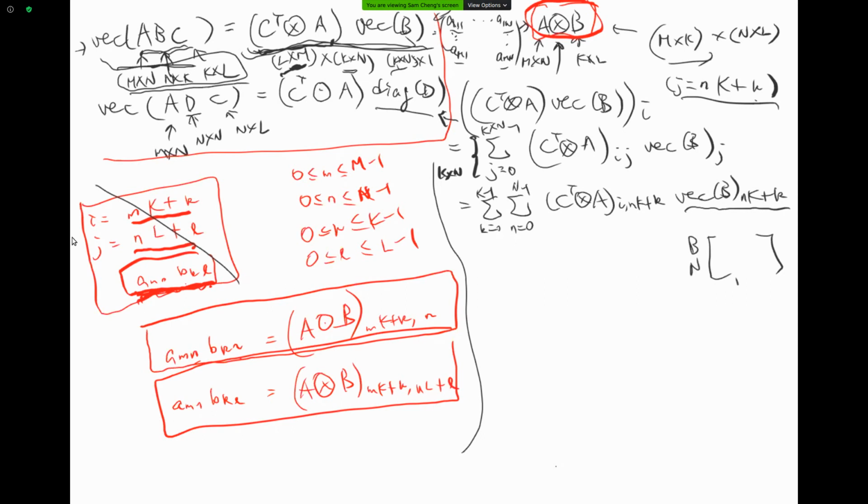So then the vectorized version of B taking the n times K plus small k element is essentially equal to the nth row here, not exactly the nth row because I have my first index starting from 0 here. So you can think of it as the n plus 1 row, but anyway, the index is n here.